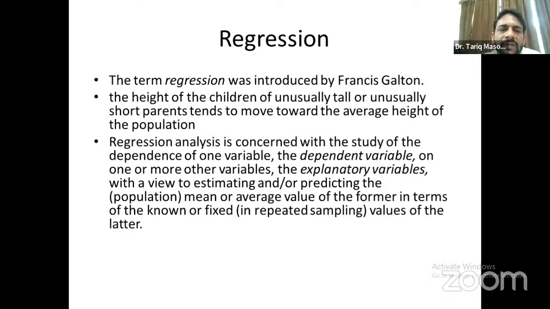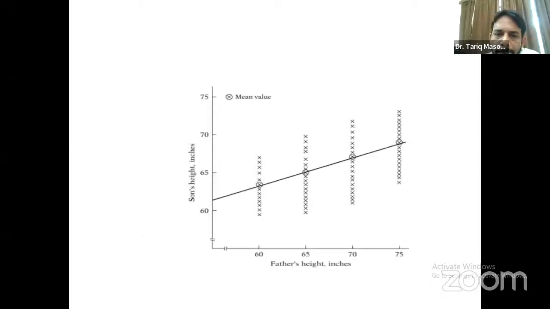Regression analysis, as I said earlier, is concerned with the study of dependence of one variable, the dependent variable, on one or more independent explanatory variables, with the particular purpose of estimating or predicting the mean or average value of the former in terms of known or fixed values of the latter. Now this was the experiment that was done by Francis Galton.